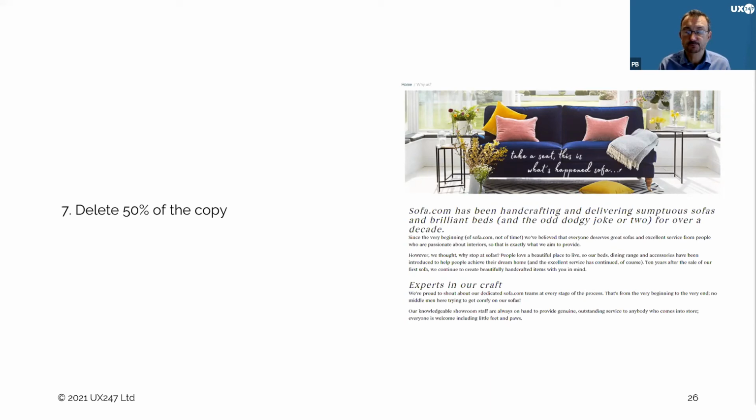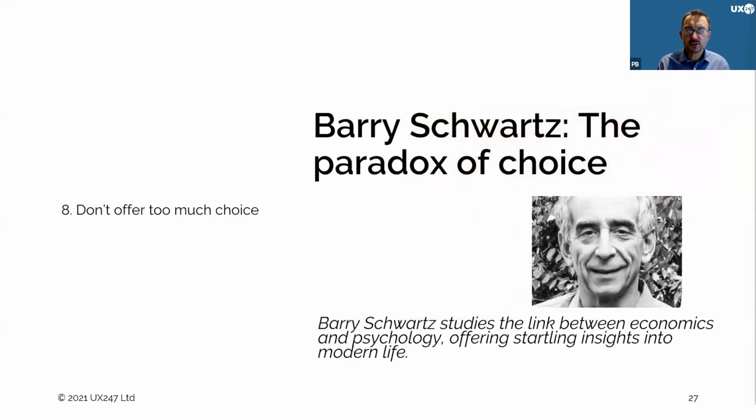I've touched on this already, and actually I could do a whole talk about the paradox of choice. But there's some great stuff. There's a fantastic TED talk by Barry Schwartz on the paradox of choice. The whole idea is that the more choice you offer someone, the harder it is for them to make a decision. So when you're designing, try not to give too many choices.